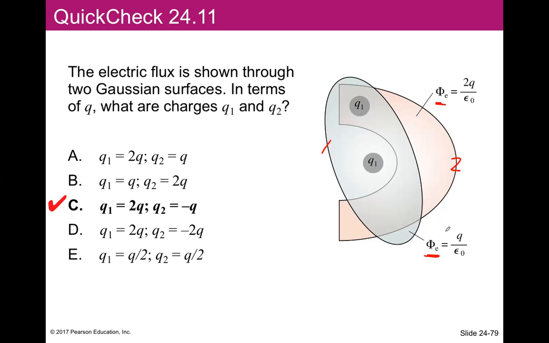So flux equals q over epsilon. That means the net charge inside number 2 is double the net charge inside number 1.